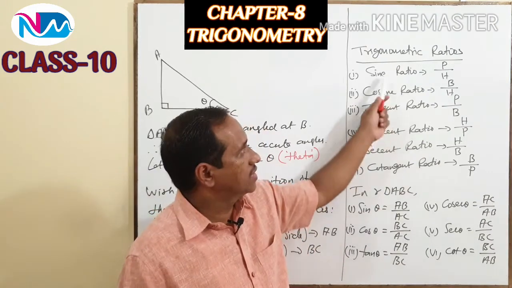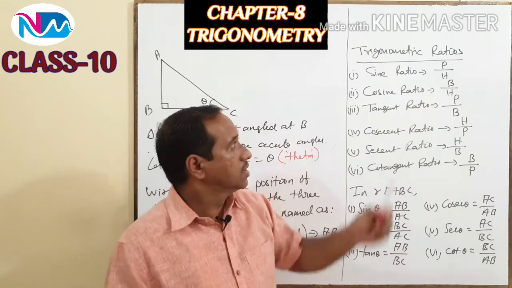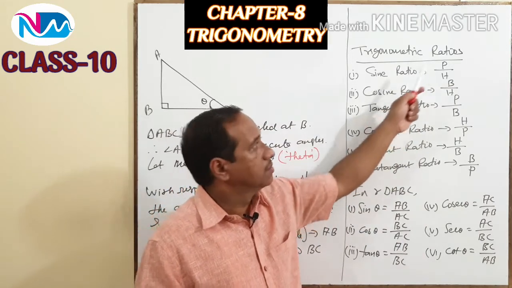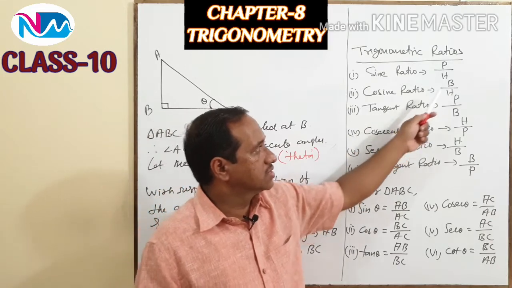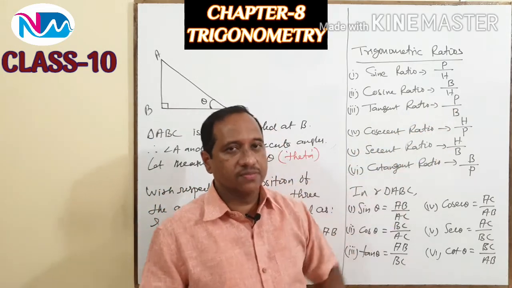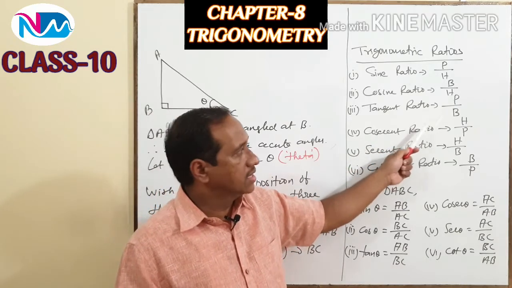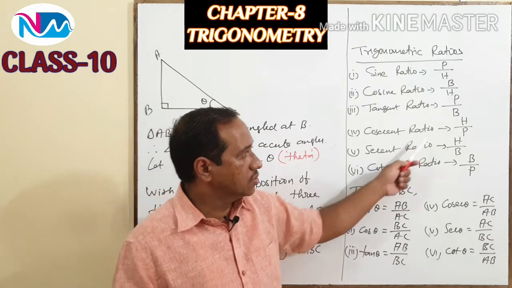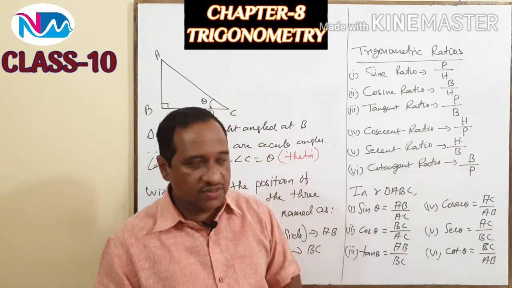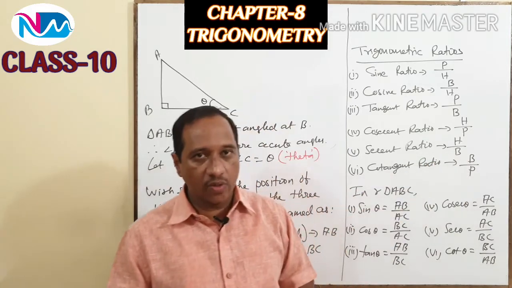Sine ratio is defined as perpendicular to hypotenuse. Cosine ratio is base to hypotenuse, and the tangent ratio is perpendicular to base. And cosecant ratio is hypotenuse to perpendicular, secant ratio is hypotenuse to base, and cotangent ratio is base to perpendicular.